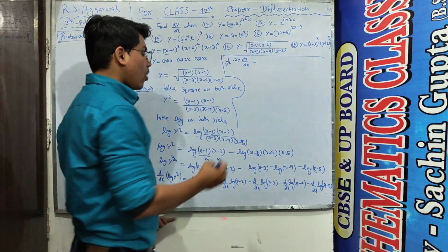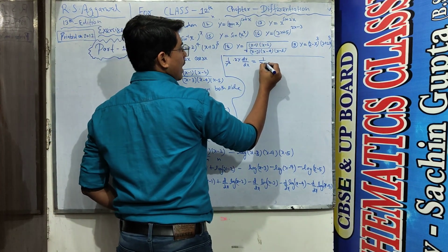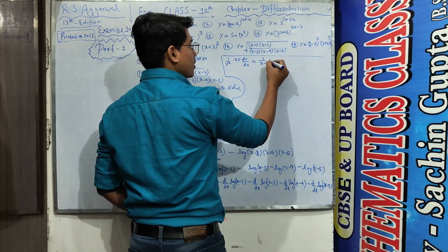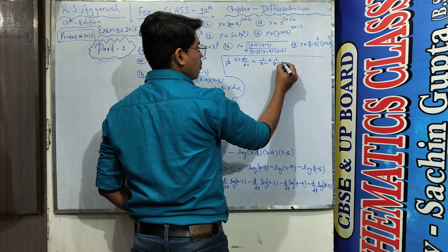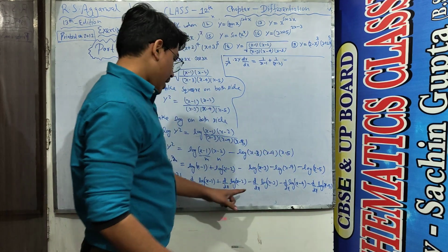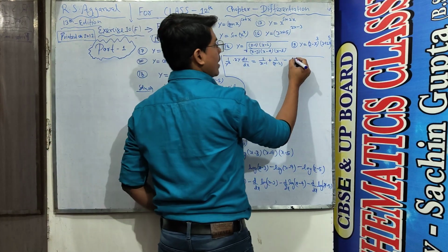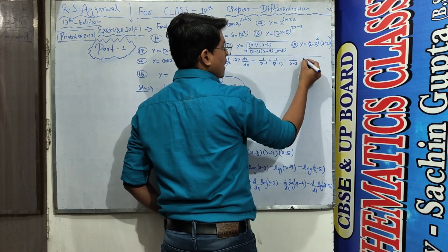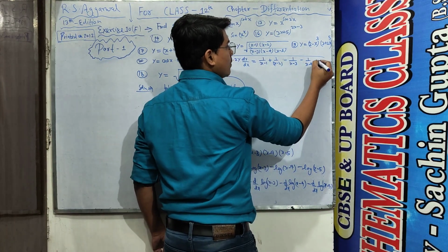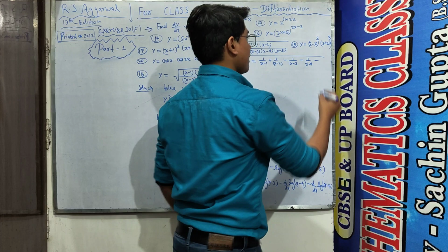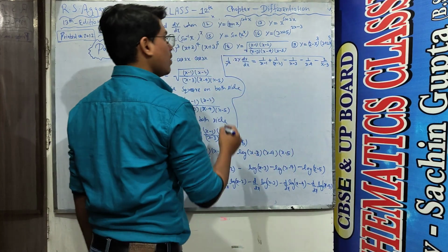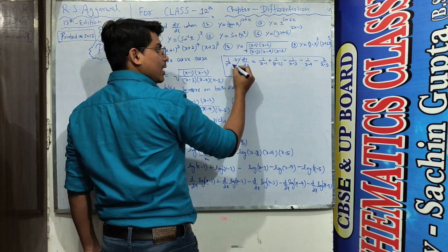Now student, the differential of log x minus 1 is 1 upon x minus 1, and the differential of log x minus 2 is 1 upon x minus 2, and the minus sign is here, student. The differential of log x minus 3 is 1 upon x minus 3, the differential of log x minus 4 is 1 upon x minus 4, and the differential of log x minus 5 is 1 upon x minus 5.